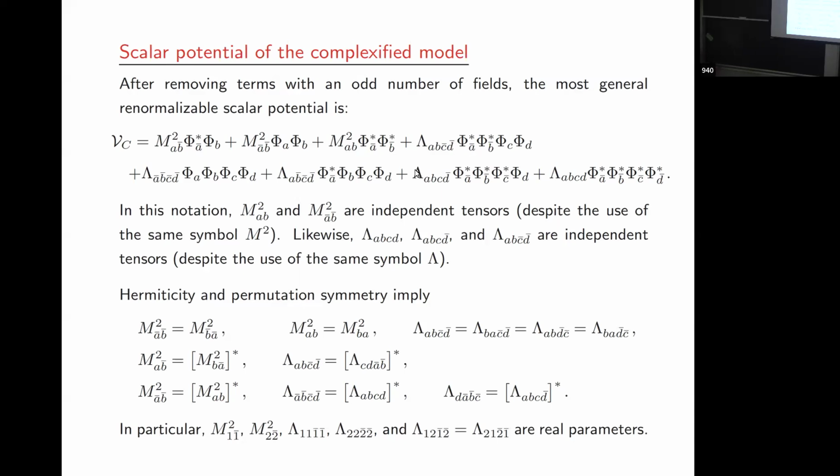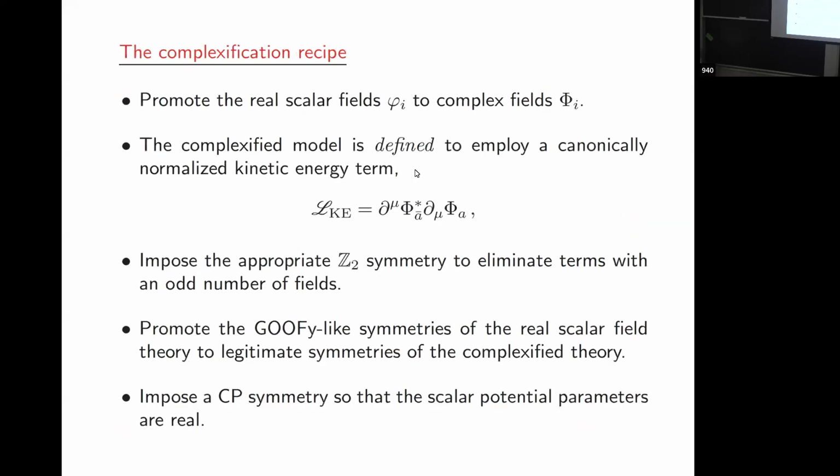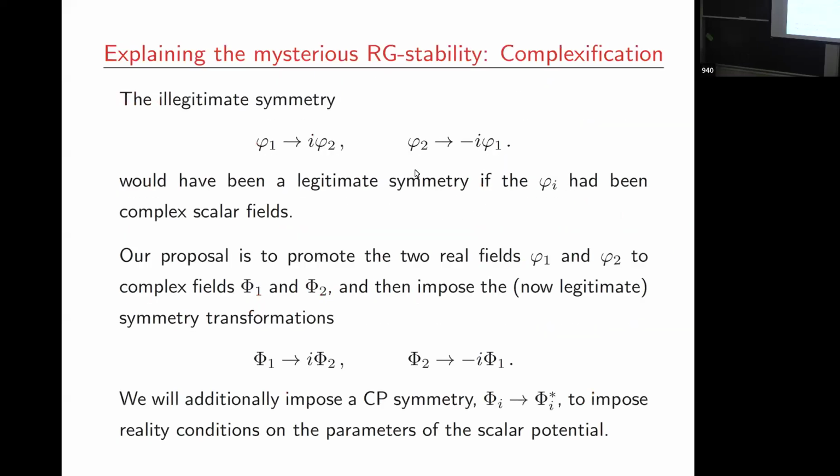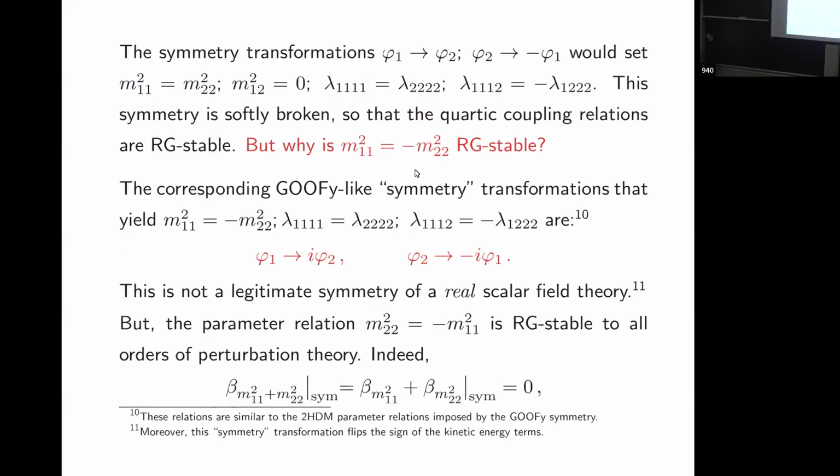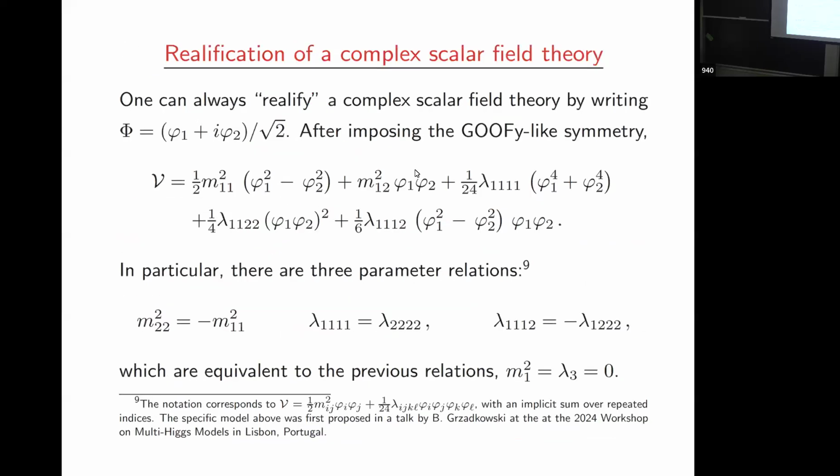Yeah, but I can tell you what, here's something. It's not what you're asking, but it's a question that came out. So if you look at this, here's the realified version of the original theory.